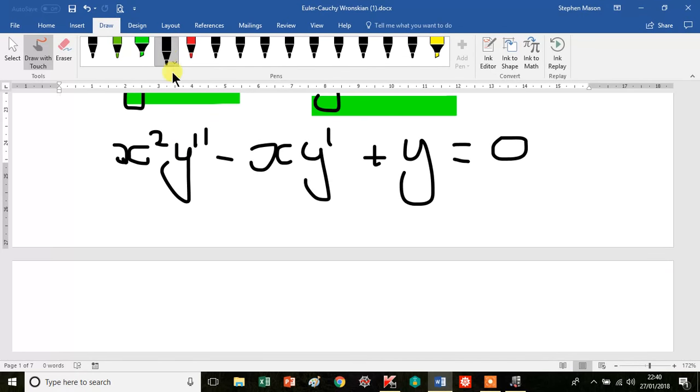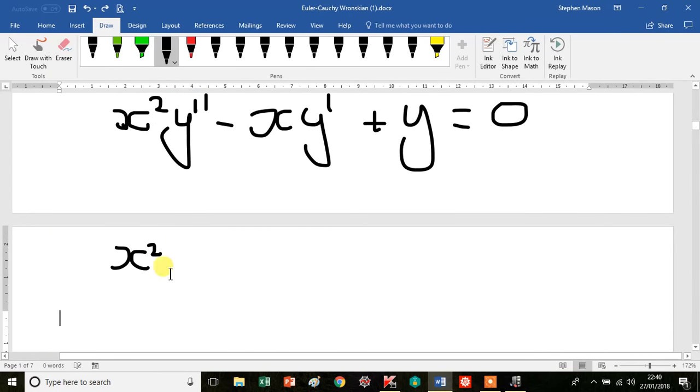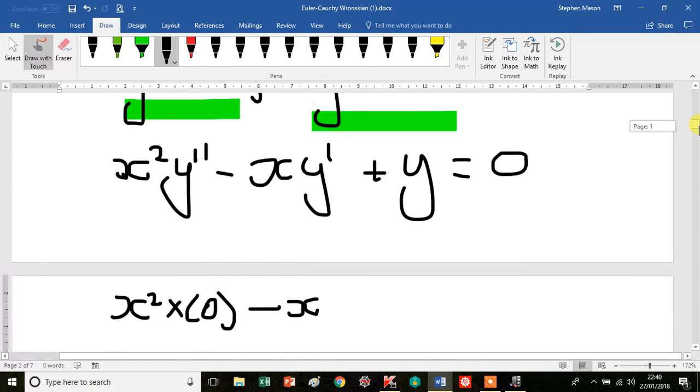So we've got x squared times 0. I'm actually going to put a multiplication sign in there because we don't want to make it look like a function or anything. So we've got x squared times 0 minus x times y prime, which is c.